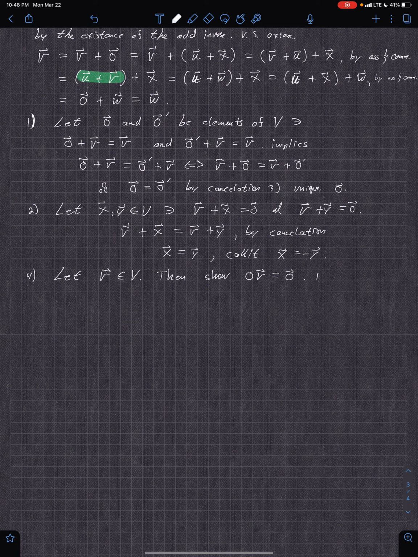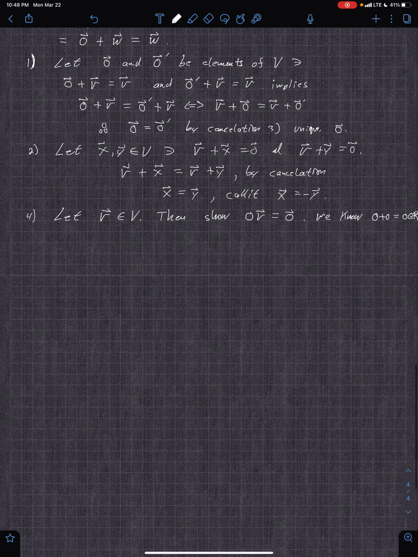Now, we know that 0 plus 0 is equal to 0 in the reals. So let's start off with 0 times the 0 vector plus 0 times the 0 vector. I'm just starting off with a statement. Now, I'm going to say that's equal to, by distributive property, 0 plus 0 times v.